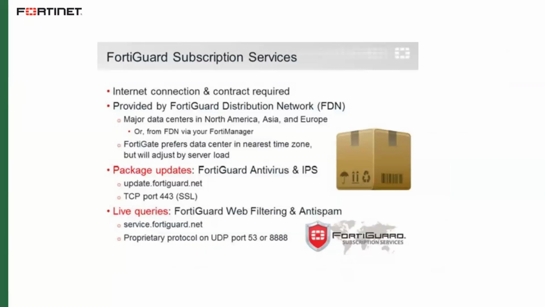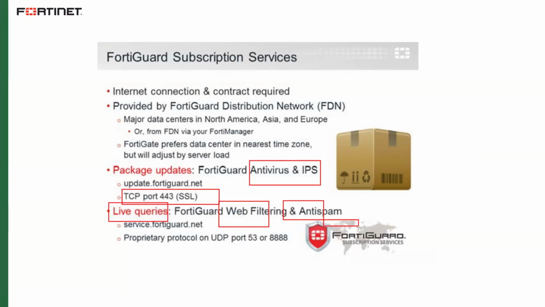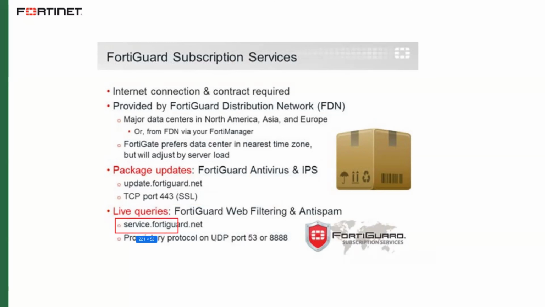Now, I told you about FortiGuard subscription, right? So what does FortiGuard subscription mean? It's a package. Inside the package, you'll get multiple things, like a subscription for antivirus, IPS, SSL. You'll get live queries, live support, web filtering, anti-spam, and updates from their services.